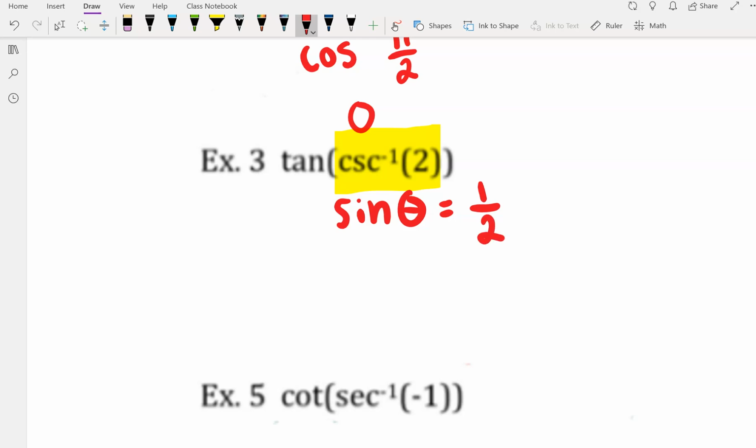All right, and then I need to solve for what theta would be. Sine of something equals 1/2. The answer there is pi over 6. Sine of pi over 6 gives us 1/2. And then I still need to take tangent of pi over 6.